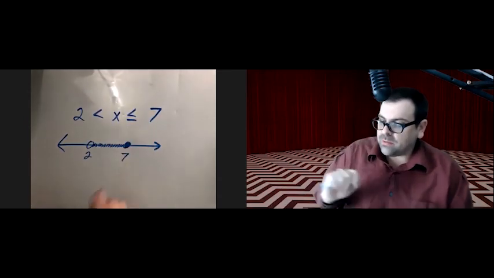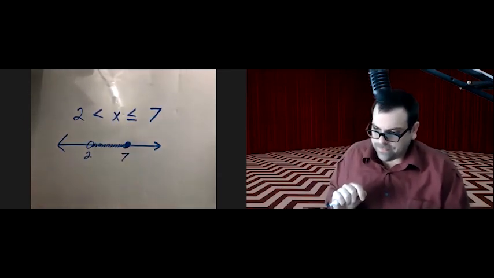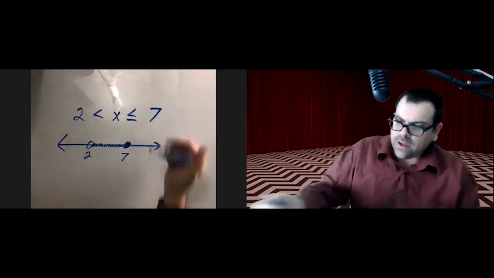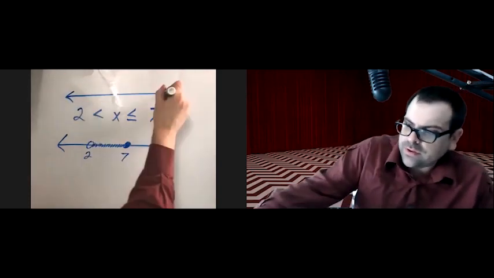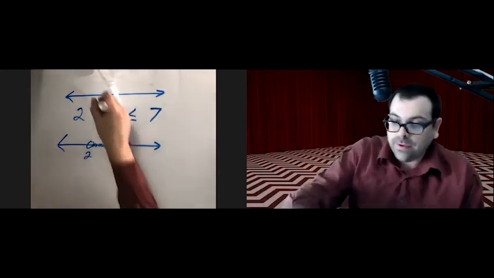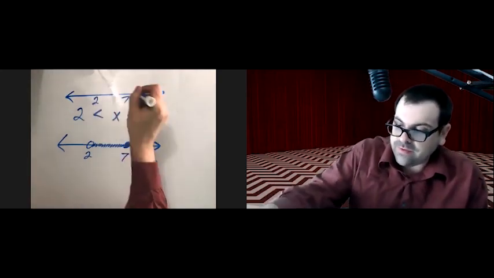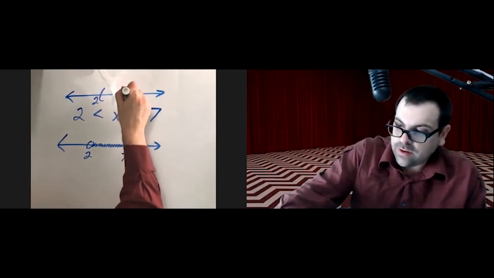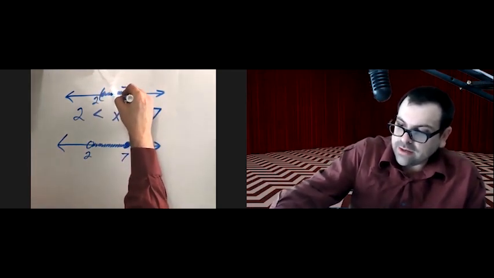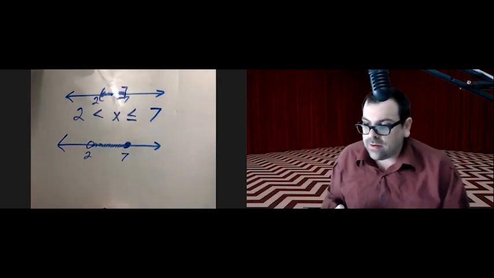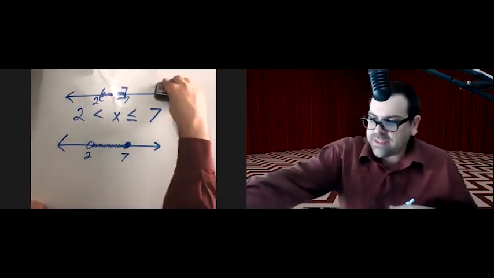Yes, possibly equal to the 7. If we did it with our new symbols, 2 and 7, a parenthesis and a square bracket. I'm going to copy this down here.